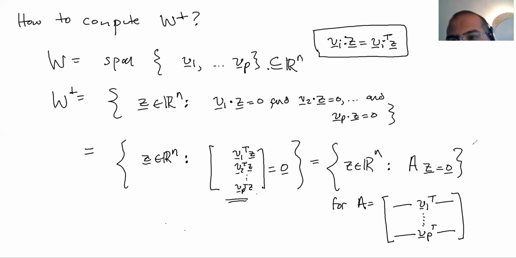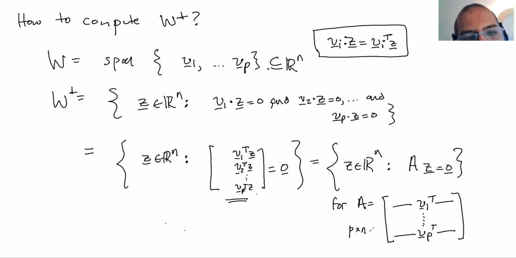Anybody know? Yep, P by n. P rows and n columns.